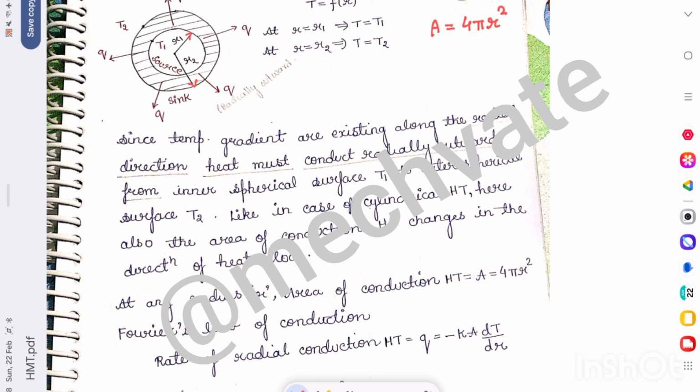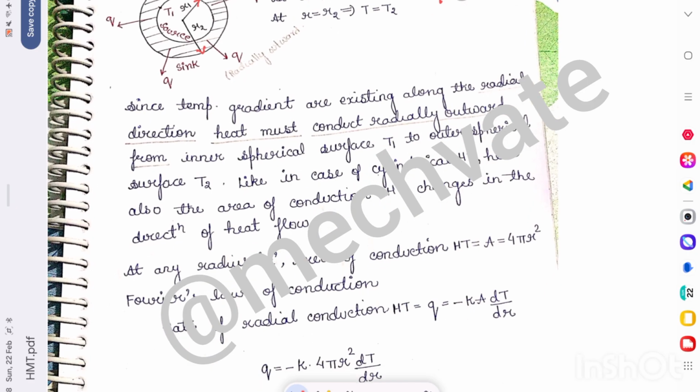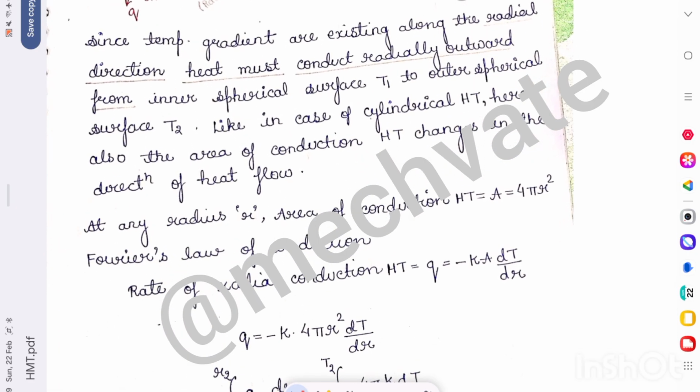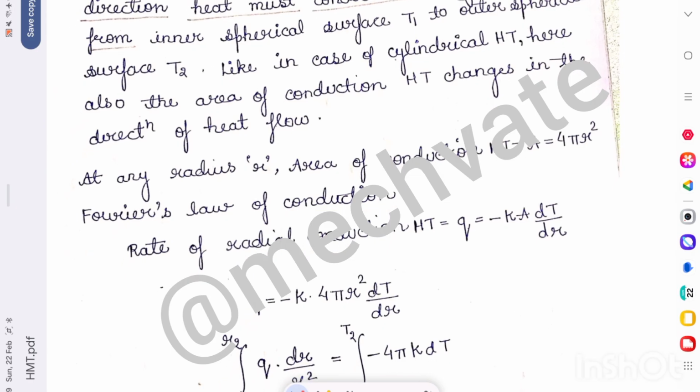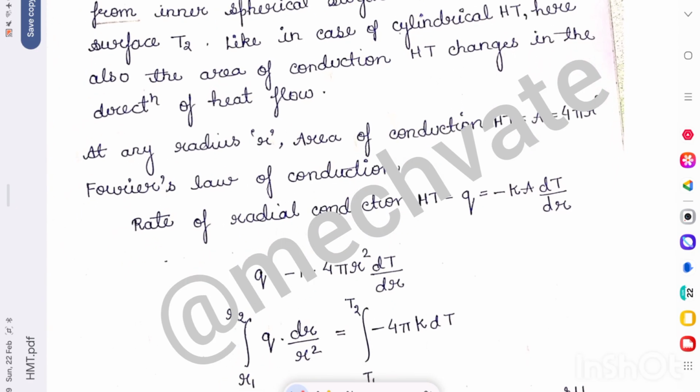The temperature of the inner surface is T1 and of the outer surface is T2, like in the case of cylindrical heat transfer. Here also the area of conduction heat transfer changes in the direction of heat flow. At any radius r, the area of conduction heat transfer is 4 pi r square.